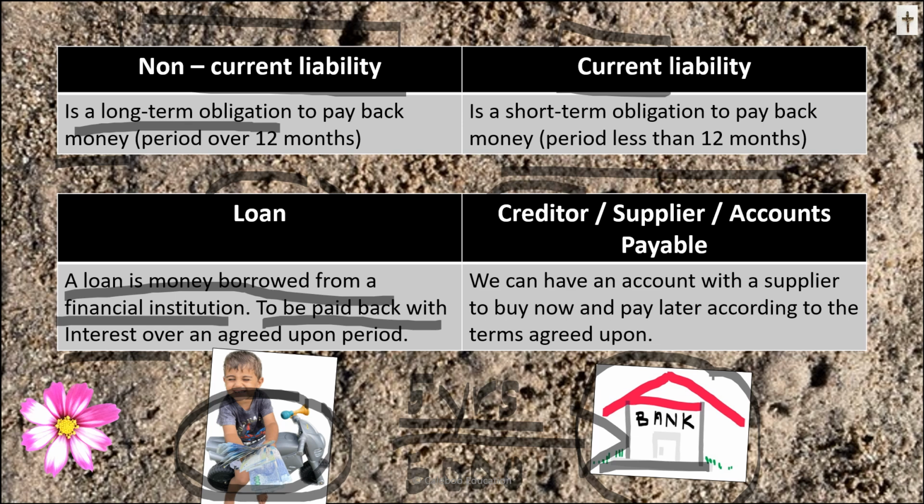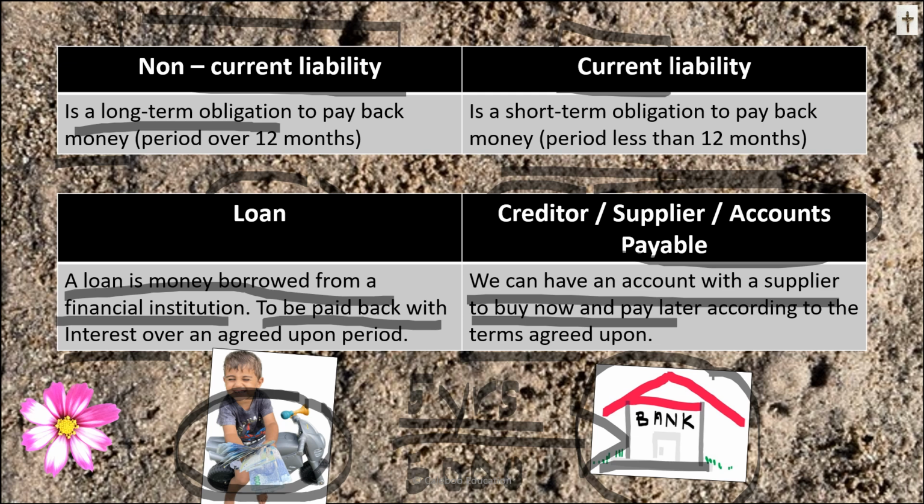I've also included here what is a creditor. In other words, a supplier. You might know it as accounts payable. When we have an account with a business or an individual, that means we can buy now and pay later. We have a credit facility with a supplier, and we're going to pay back according to the terms agreed upon.